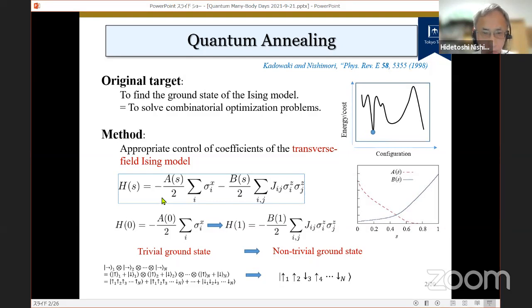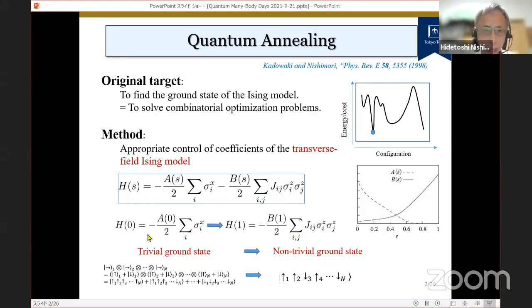Hamiltonian for the transverse field Ising model, we introduced the sigma x term, this term, in addition to the Ising model, which is represented by a linear form of sigma z's. And we first set the coefficient of the transverse field to a finite value, A of 0. S is the time parameter running from 0 to 1.